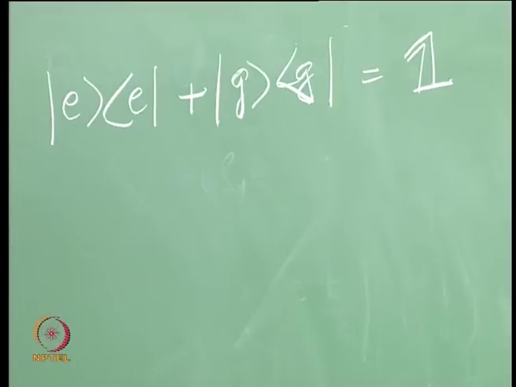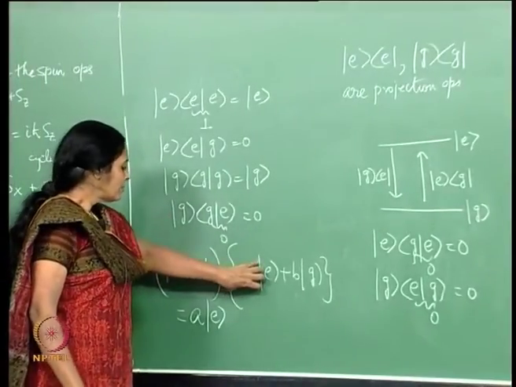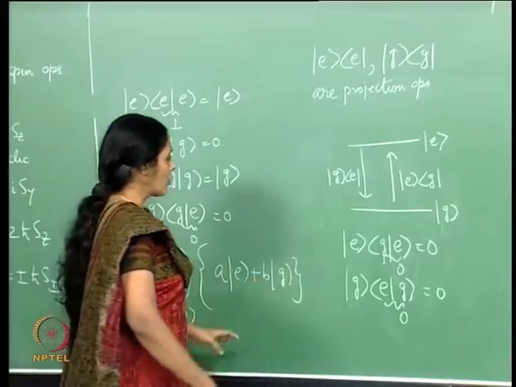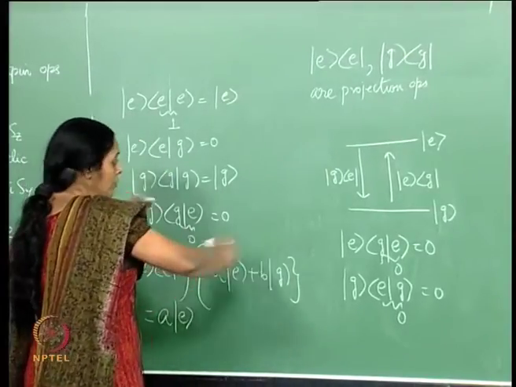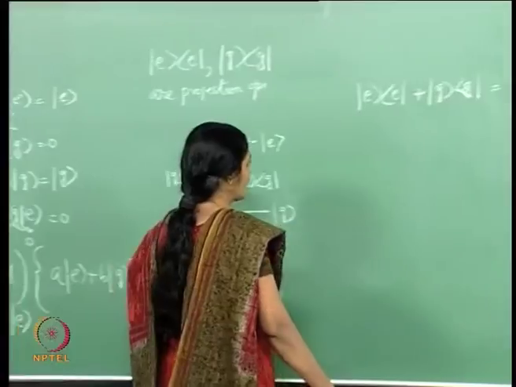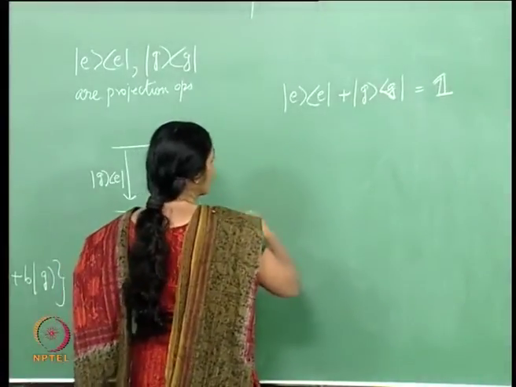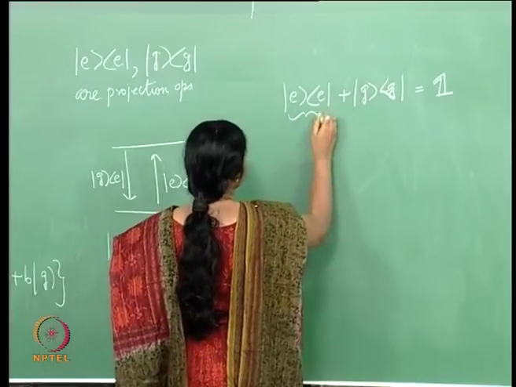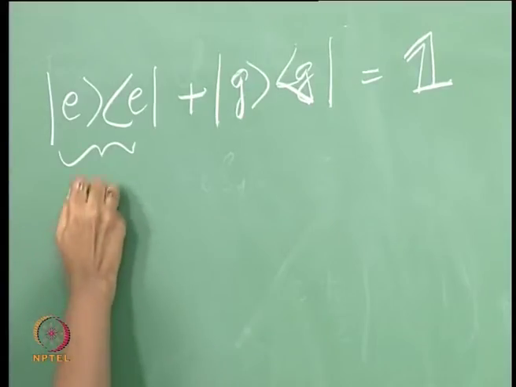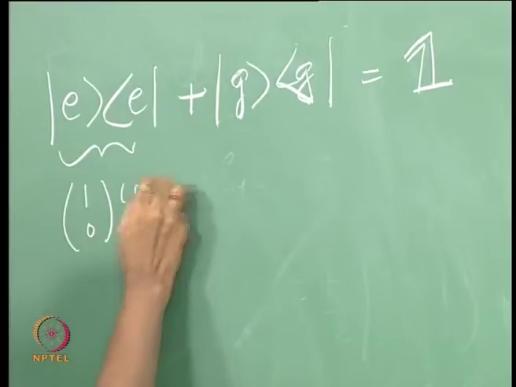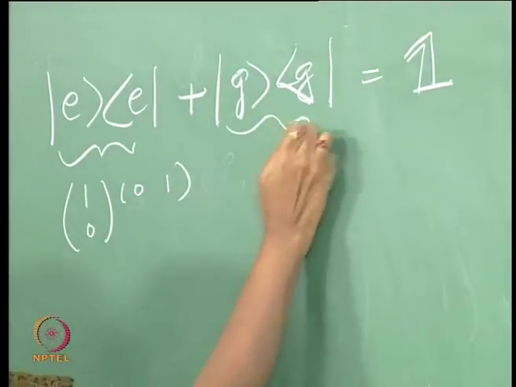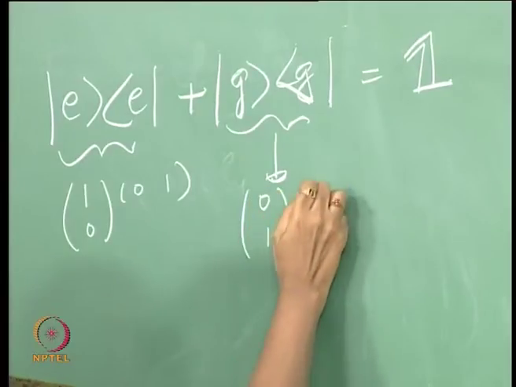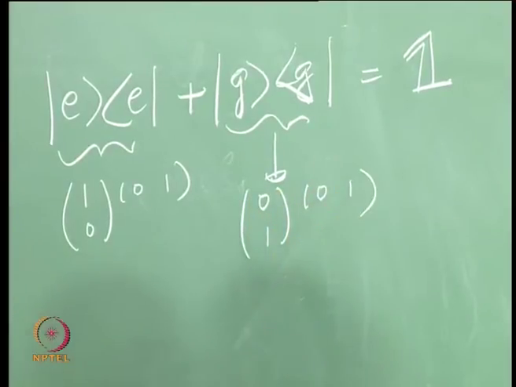It's obvious, because while one of them gives us the component along e, the other gives us the component along g, and therefore we can assemble both together and make the full vector. To go back to our matrix notation, just to keep correspondence with it, this object is going to be represented by this.